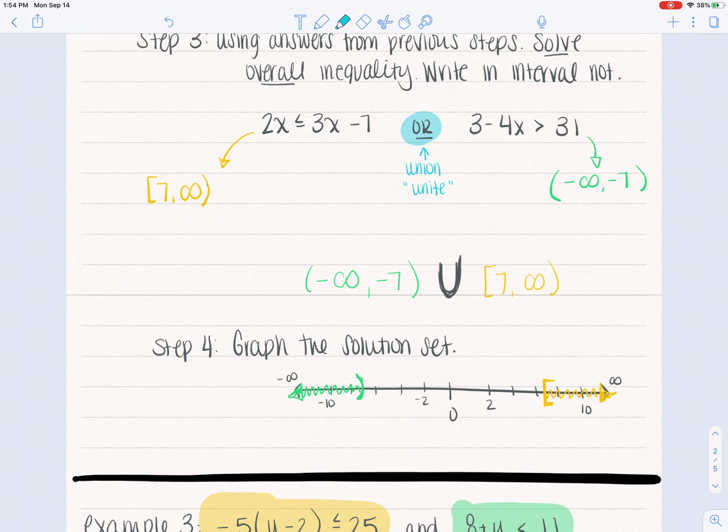And so where these things come from, that came from that part of the graph, that came from that part of the graph. And that union symbol is because it asked for or. It asked me to put them together.